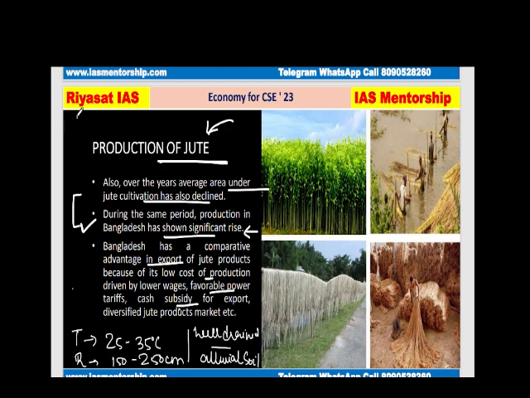And you must know that India is the largest producer of jute. Very important fact. After India, what comes? After India come your Bangladesh and your China. These are some of the facts which you need to know.